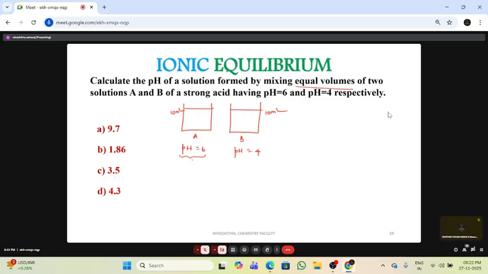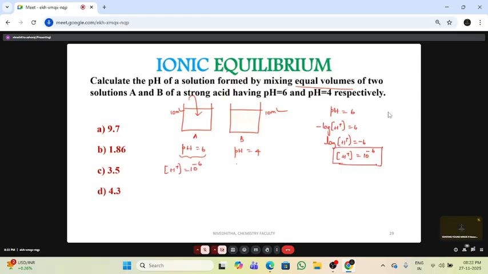So log of H plus ion is minus 6. So H plus ion is, if you bring log to the right side, it will become 10 power minus 6. Since 6 is a whole number, we can do like this. Anti-log is not necessary. So concentration of H plus ion is 10 power minus 6.